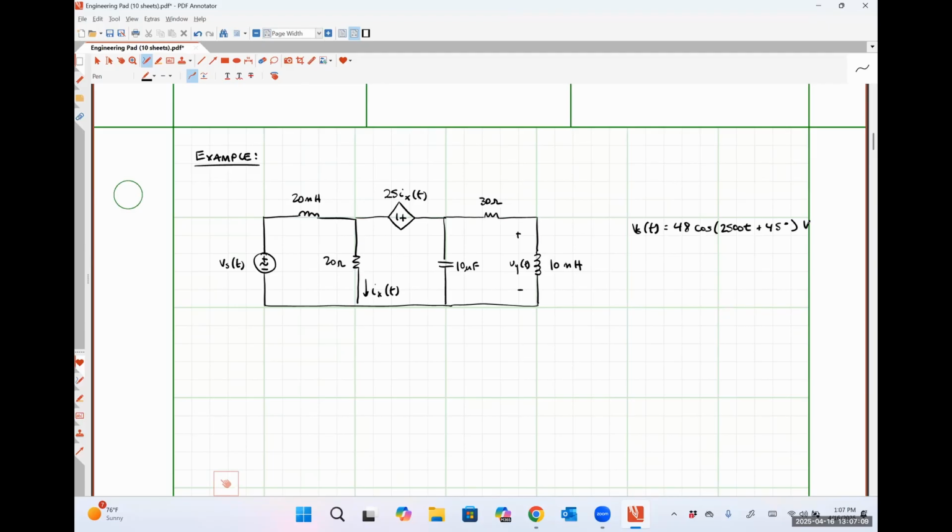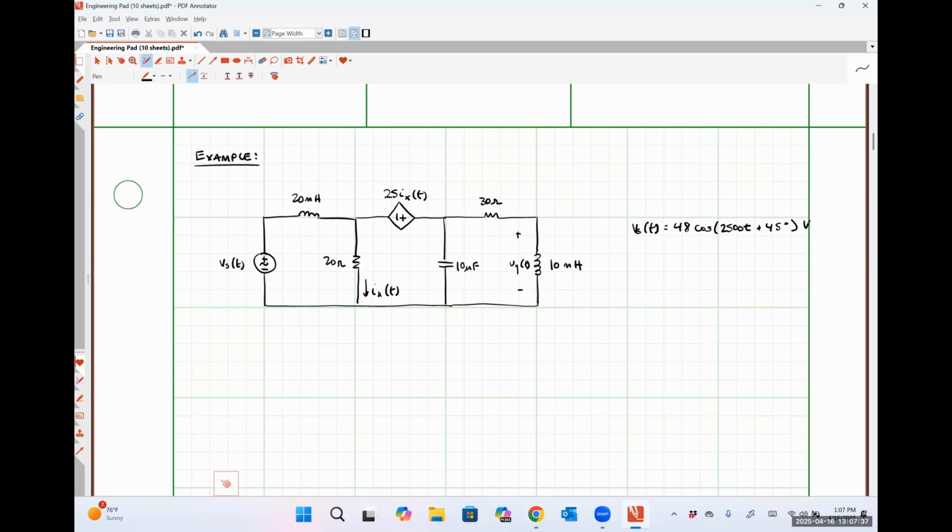Now, I think technically this might be doable with a single application of KCL, but we would actually have to get fairly creative for that.